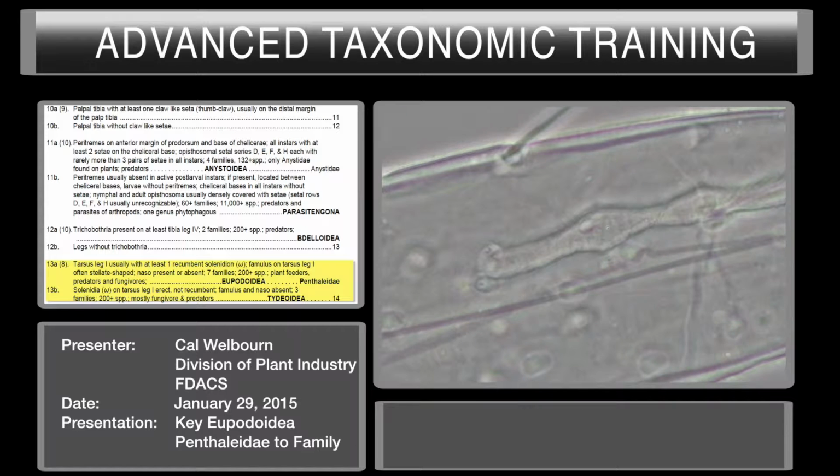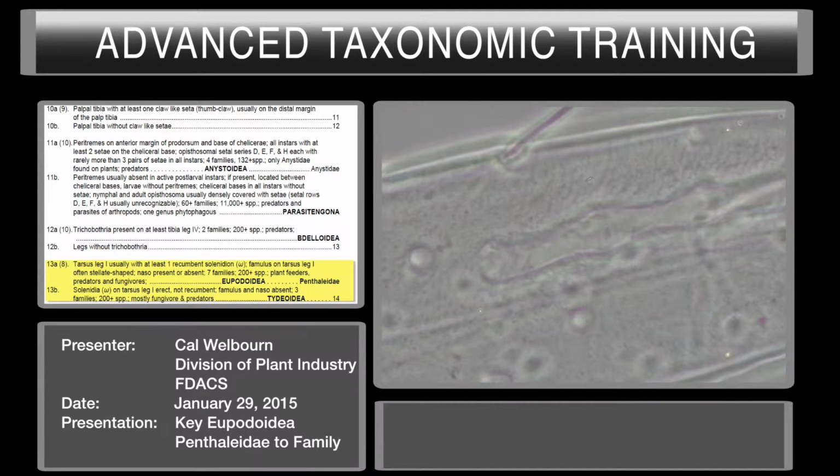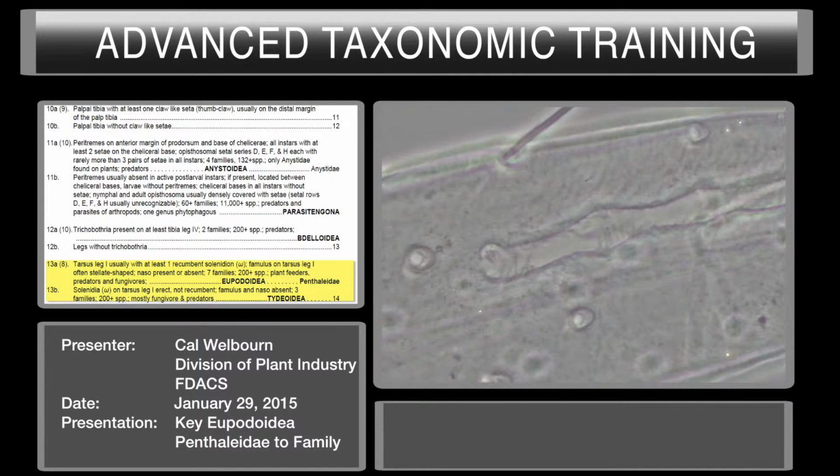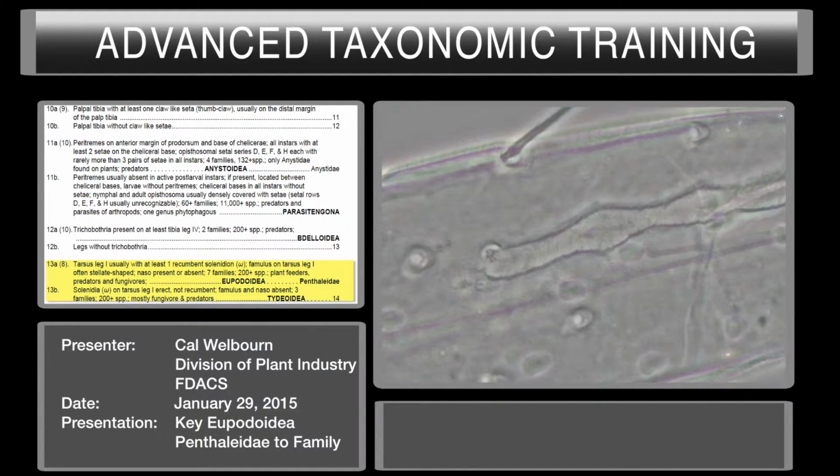And the reason why you see this area around here, they're in a little trough, and they're laying parallel to the surface of the leg. If we look at the base here, the proximal end of this trough, where the first solenidion was, we see a structure right here. This is your famulus. If you look at it carefully, you can see there's multiple prongs on it. It's a little stellate-like famulus right there.